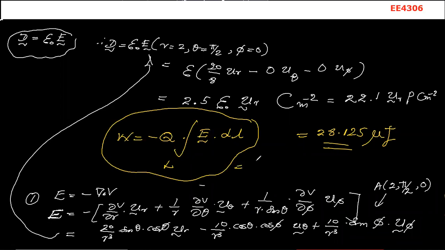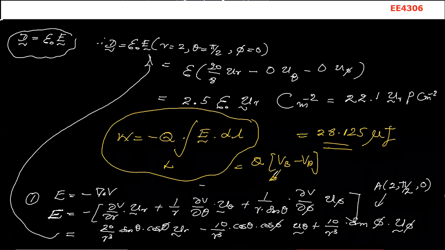This is equal to Q into VB minus VA. Both are correct. You can find the value for VB because they have given the equation for the potential.